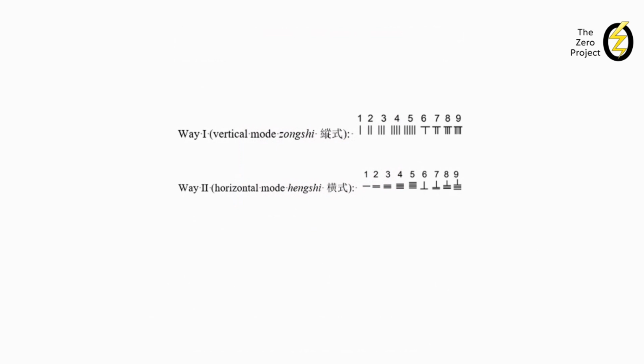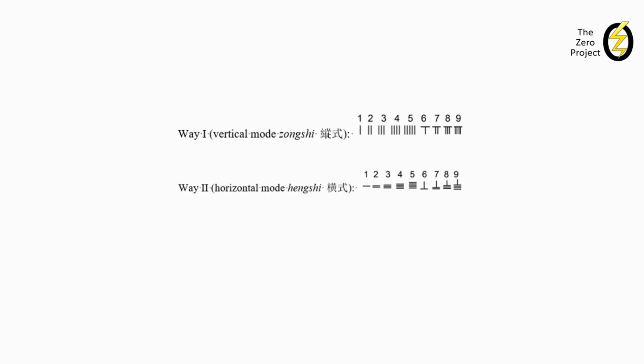The 9 digits are expressed by arrangement of counting rods in 2 ways. In way 1, 1 vertical counting rod represents digit 1, 2 vertical counting rods represent digit 2. Digits bigger than 5 use a combination of a horizontal counting rod representing 5 with vertical rods below.